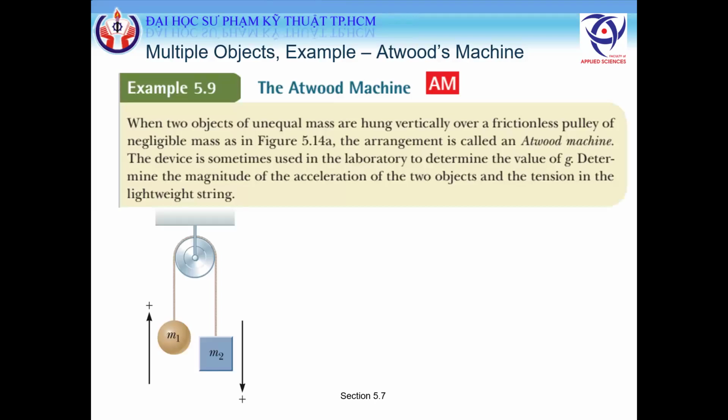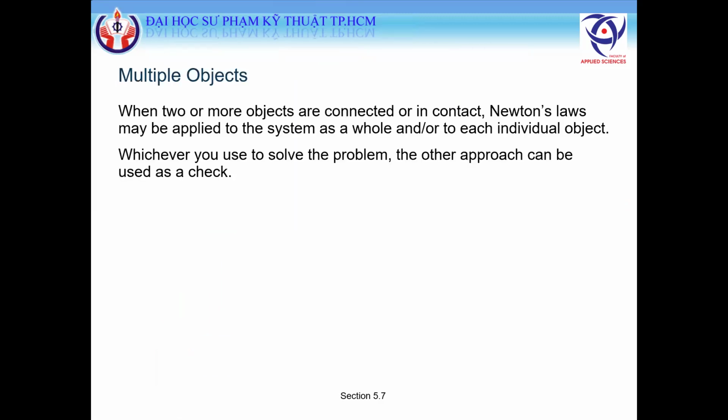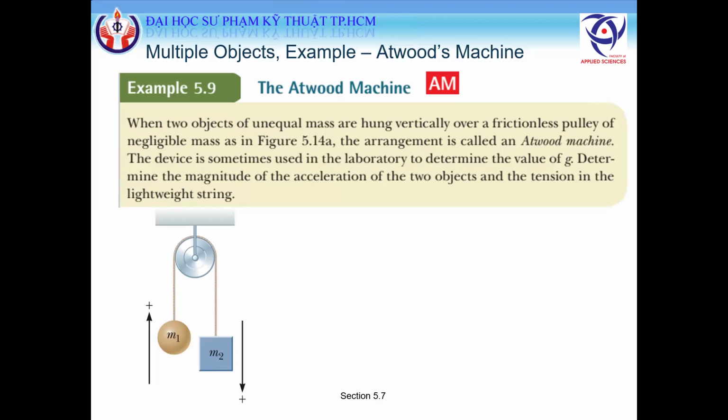The Atwood machine is a machine in which we have a pulley, and we have two objects, M1 and M2, hung or attached to the two ends of the rope. At this moment, we ignore the mass of the rope.